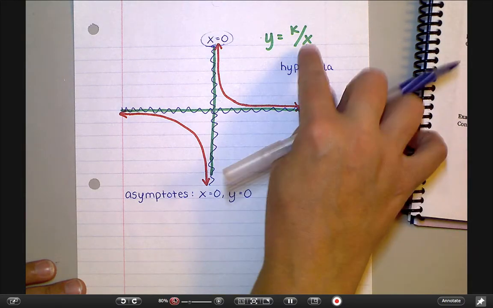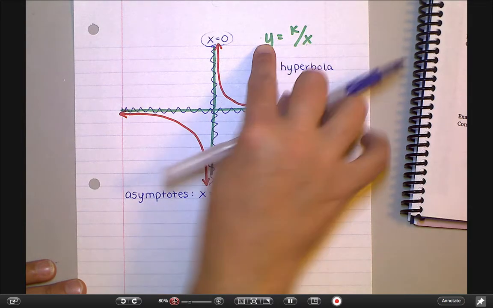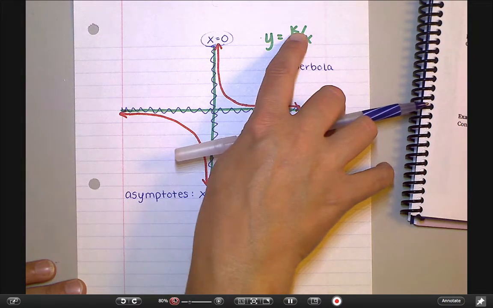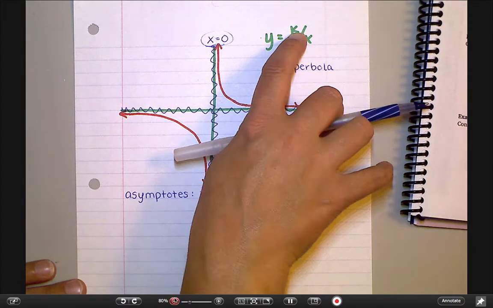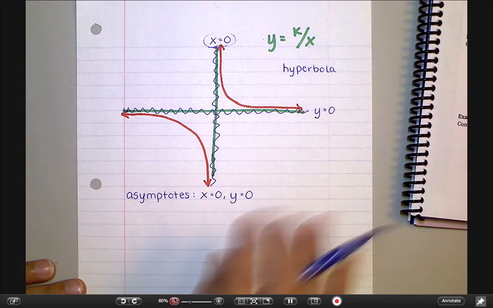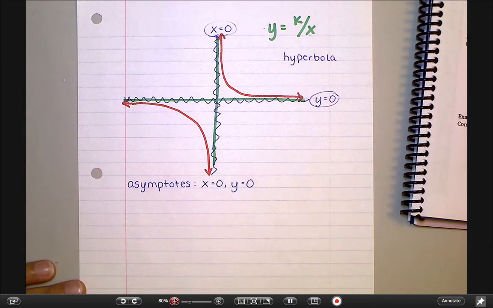And similarly, because I'm always going to have a number up there for k, I can never get 0 out as an answer, because the only way I could get 0 out is if I put a 0 up there, and the 0 up there would just cancel with the x, and then I wouldn't even have a hyperbola anymore. So that's where these two asymptotes come from, x equals 0, y equals 0.